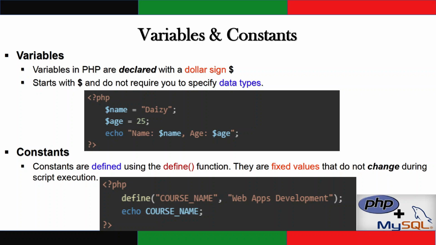Then to assign a value, or put some item in our variable, we need the assignment operator. With the assignment operator, we put the variable name on the left hand side, and the value that we want to put inside our variable on the right hand side.